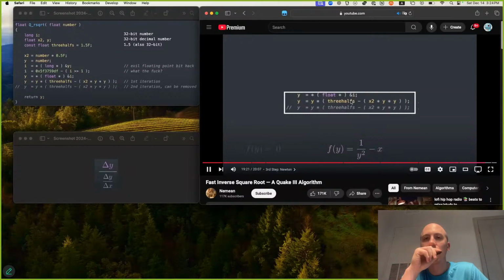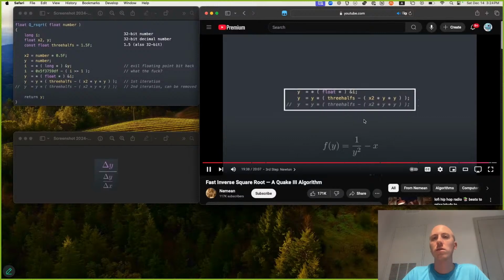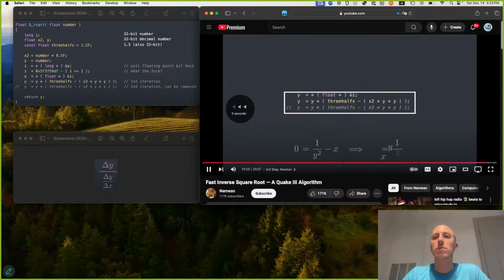Notice that y being a root of this function is equivalent to y being the inverse square root of x. All right, first of all, he's just like, wait.